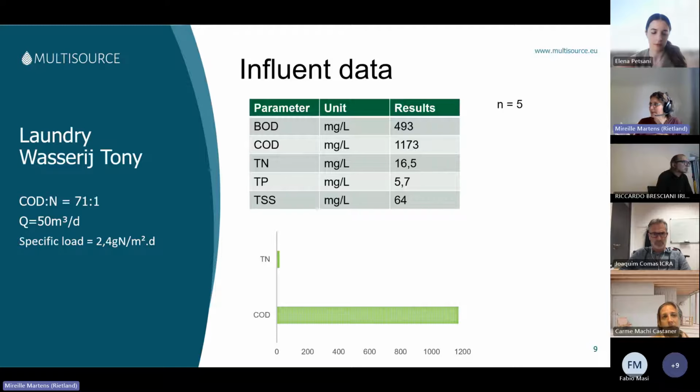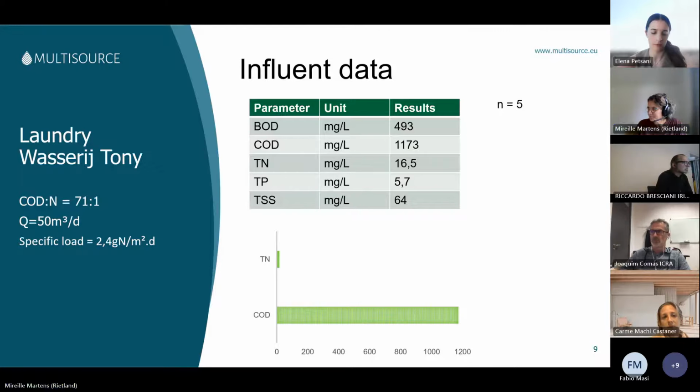If we start at the right side, you can see a table with influent data, and we are most interested in the COD and the total nitrogen. You can see there's a big difference between COD and total nitrogen, and that's also plotted in the graph below. If we look at the COD-N ratio at the left side, you can see there's a 70 to 1 ratio.